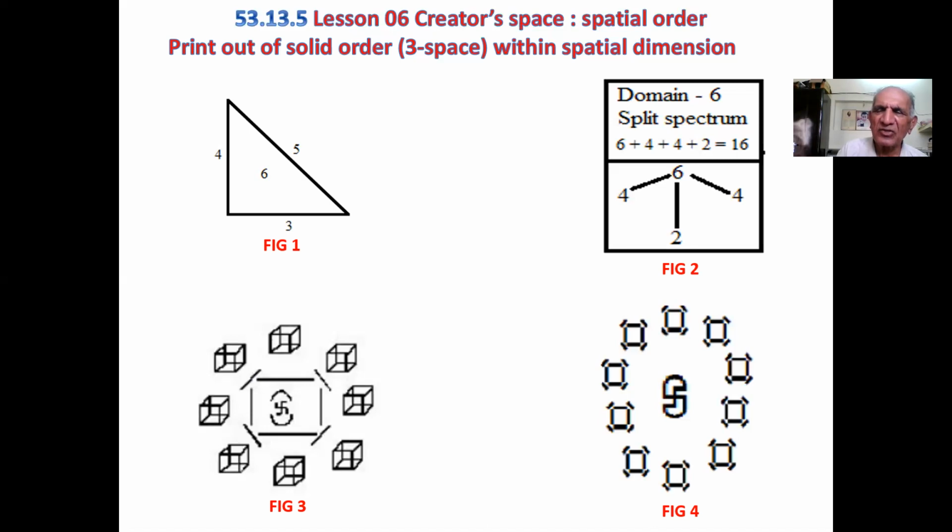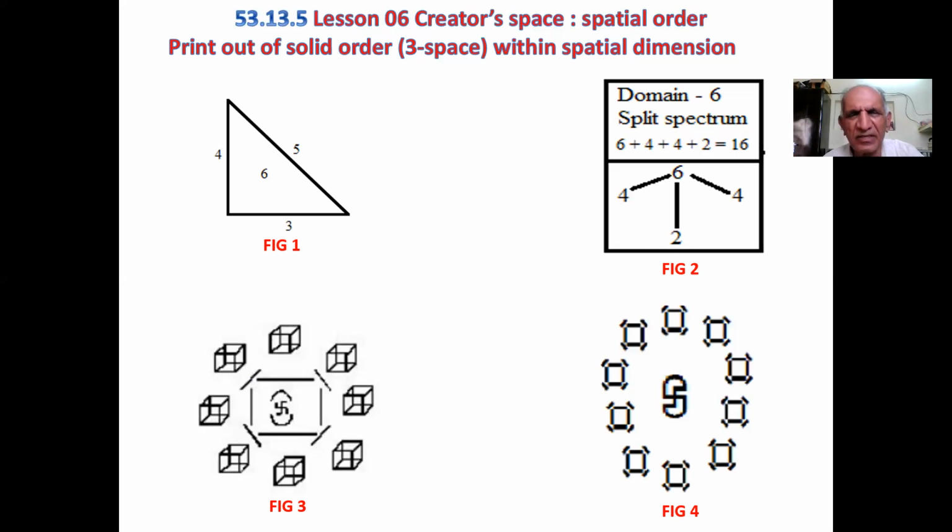As such, this printout of solid order hypercube 5 within spatial axis is a glaring characteristic foundational structural feature which deserves to be comprehended well to be parallel with the distinguishing features of the mathematical domain of the creators of space.